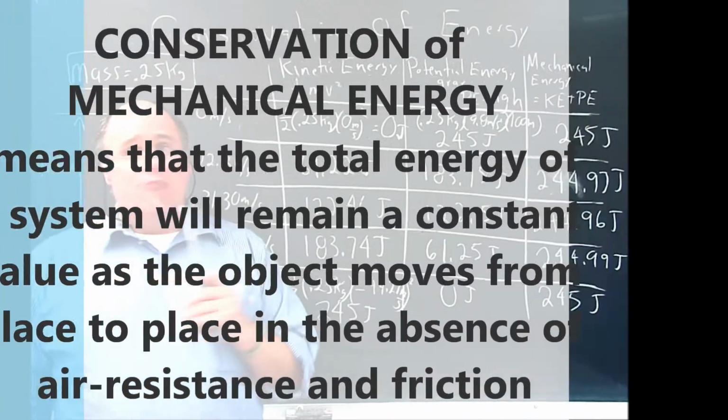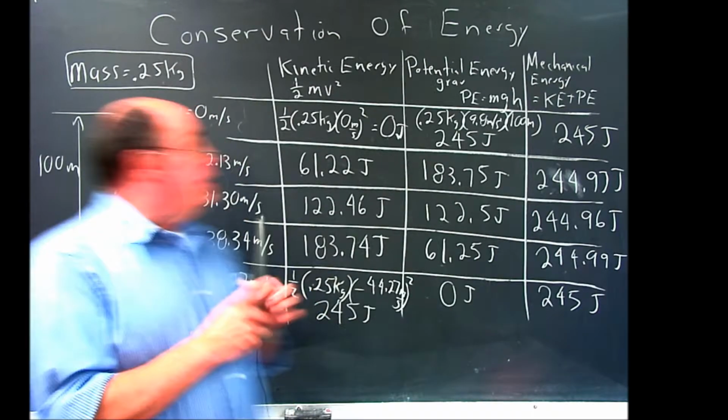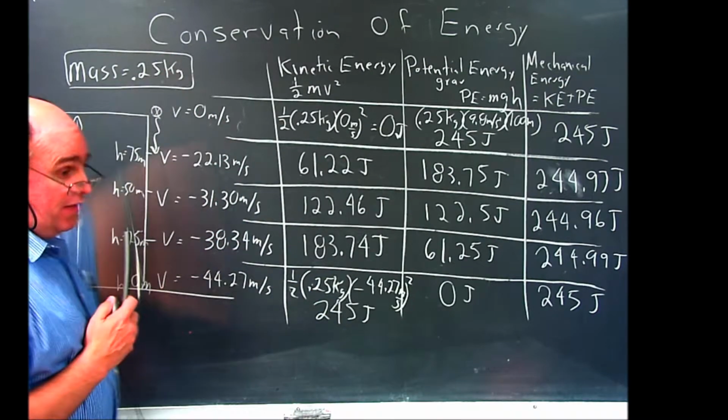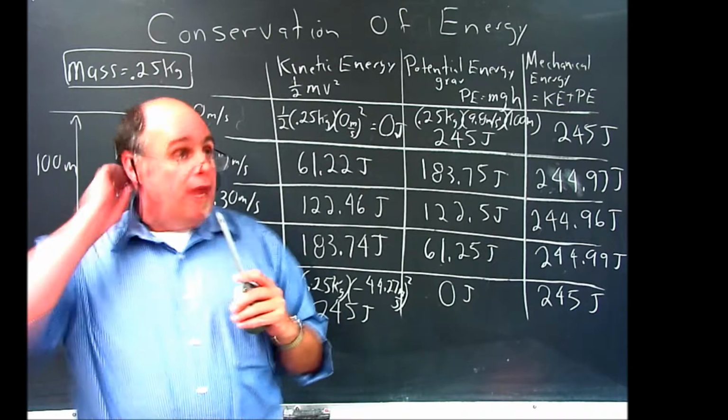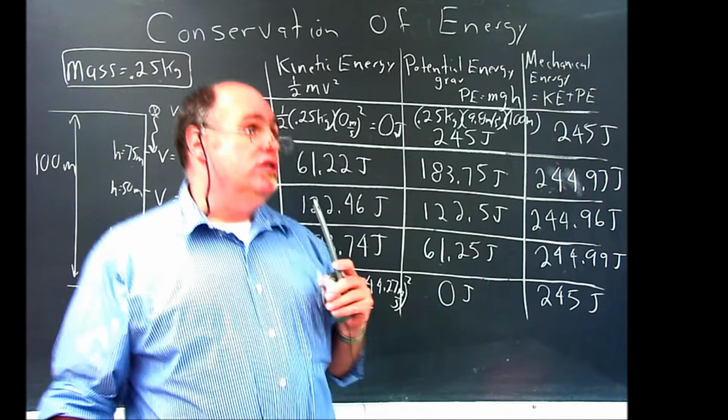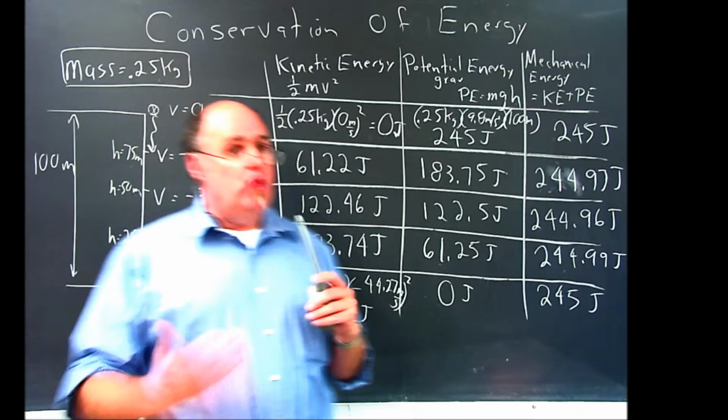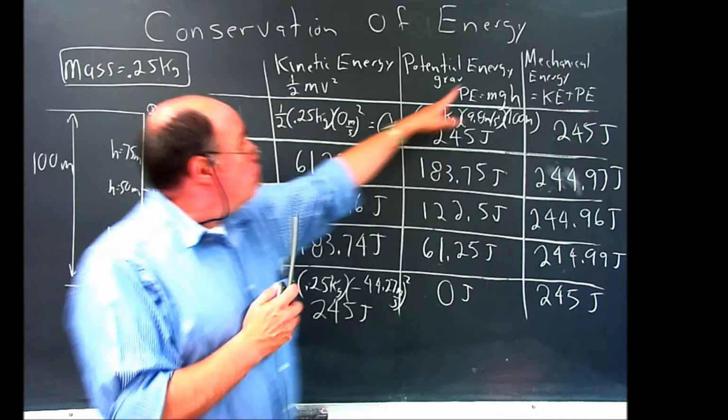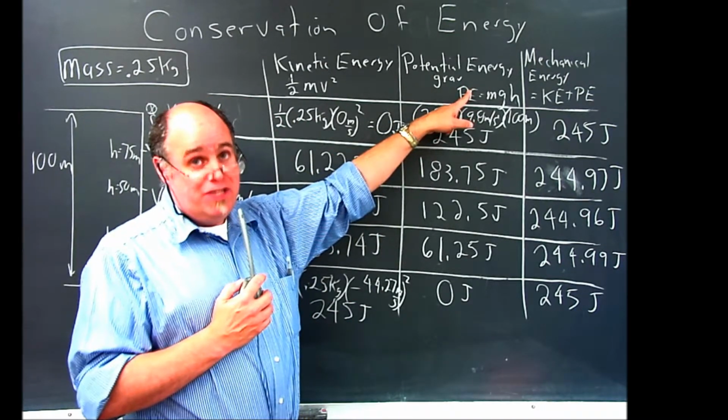So as an object is moving, for this case, the ball was dropped and fell, it will change one type of energy into another. You see, all of the gravitational potential energy is going to end up disappearing in this problem.